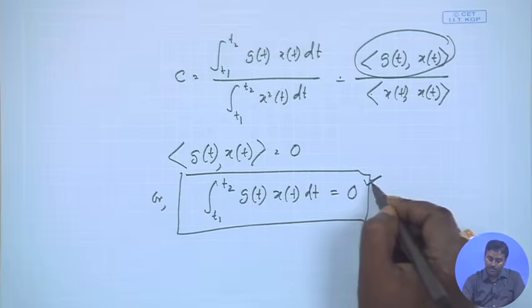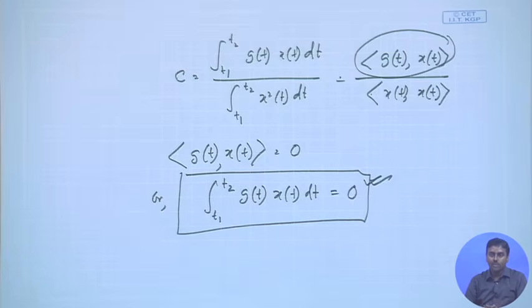Whenever we talk about a signal, two signals x(t) and g(t) will be orthogonal to each other as long as this condition is satisfied. If the signal is defined from T1 to T2, then the multiplication and integration within that limit must be giving me 0. Okay. So, this is the criteria for orthogonality, and similarly we have seen the representation.